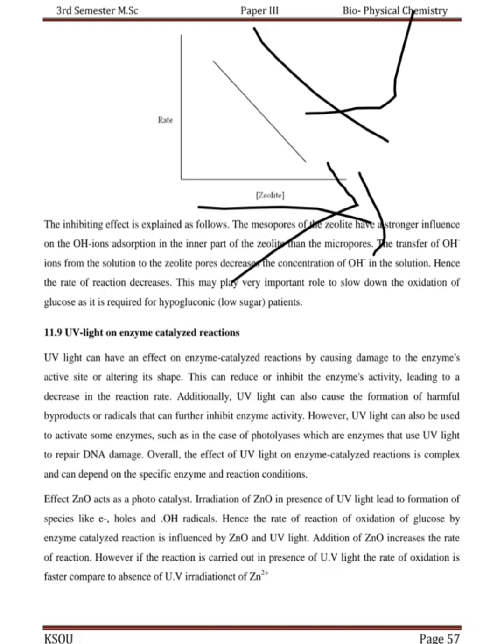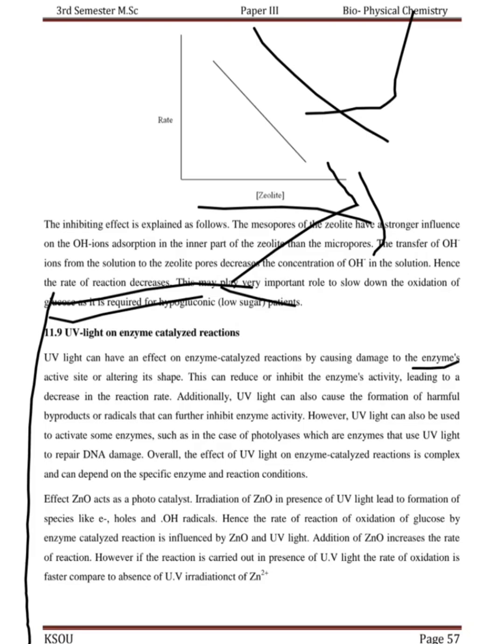And also with respect to UV light, when the reaction is taking place under UV light, it can affect the reaction rate. Here also the rate of reaction will decrease. Why? By causing damage to enzymes.